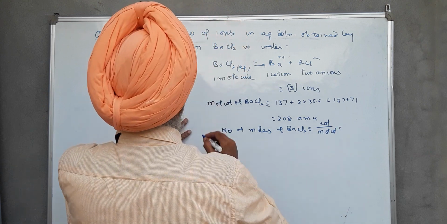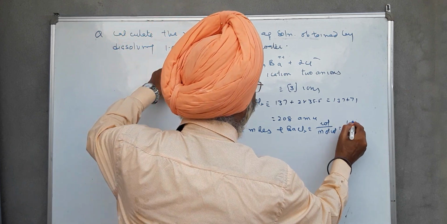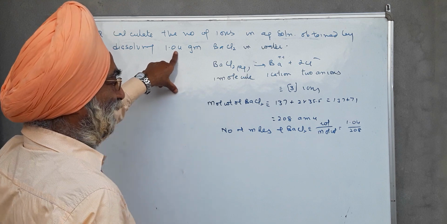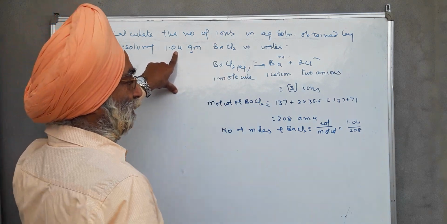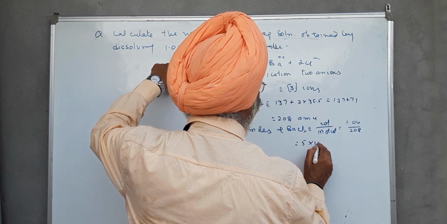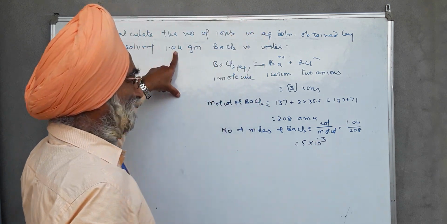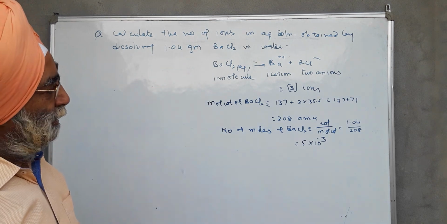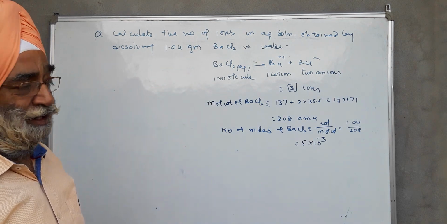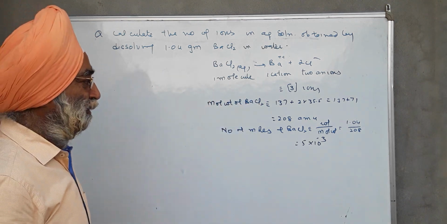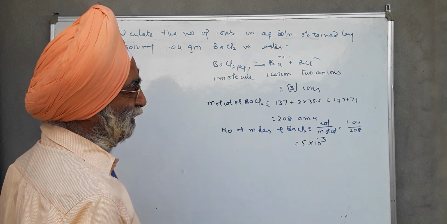It is 1.04 over 208, which is 5 into 10 raised to the power minus 3 moles. Separately, we will discuss how these calculations are made quickly. We shall discuss, but separately, not at this stage.